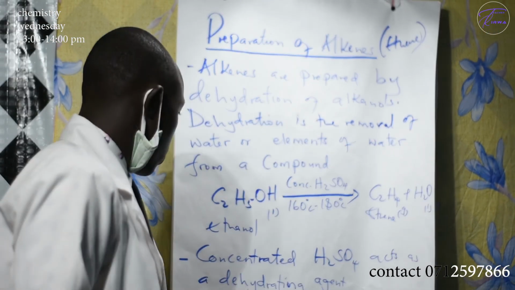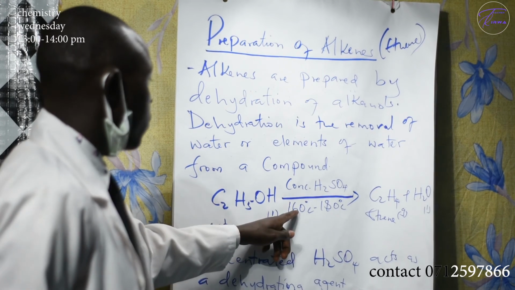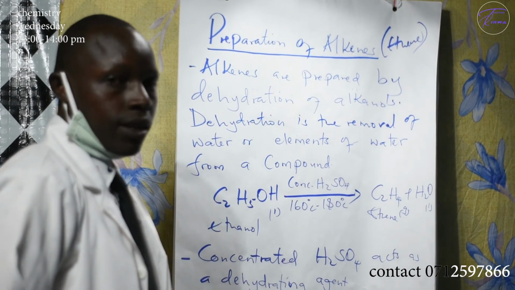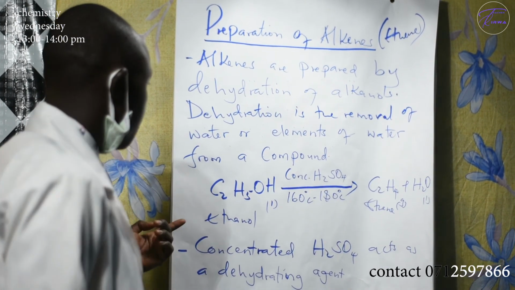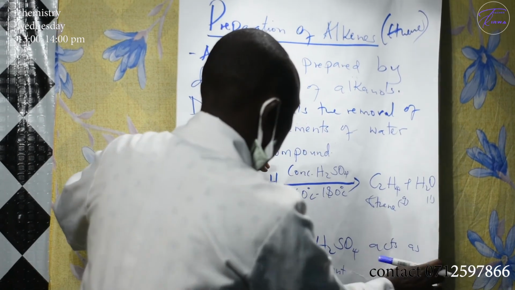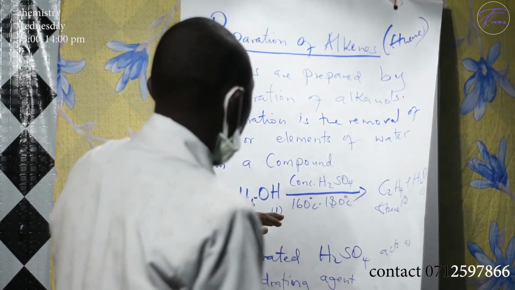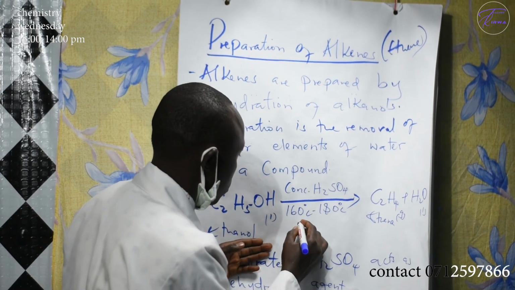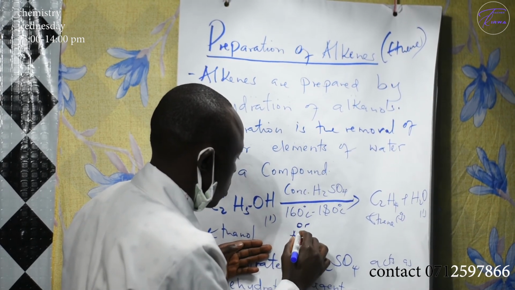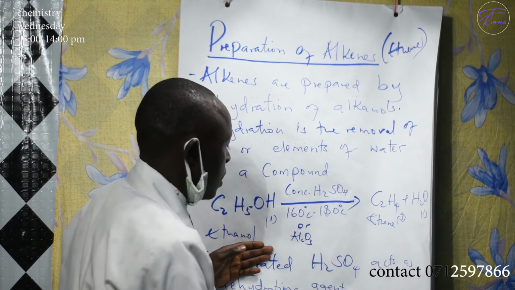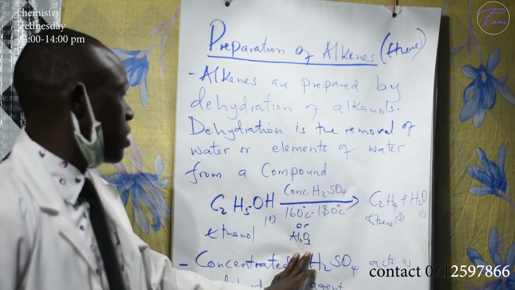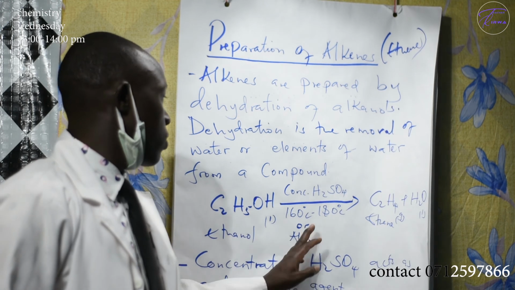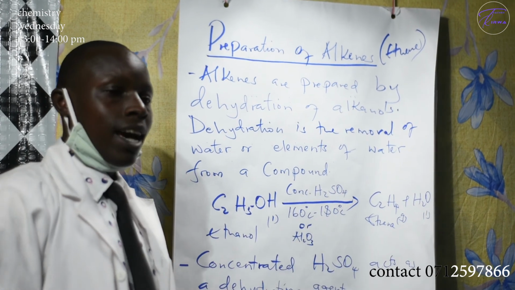Also, instead of using concentrated sulfuric acid, aluminium oxide can also be used. So it is either concentrated sulfuric acid or aluminium oxide. Aluminium oxide can be used instead of concentrated sulfuric acid. It does the same thing.